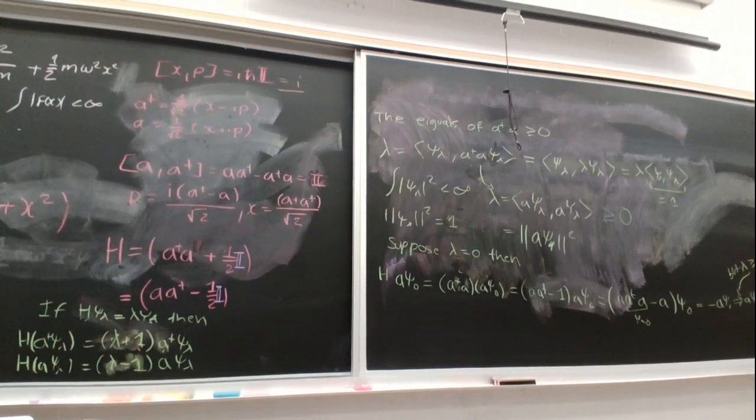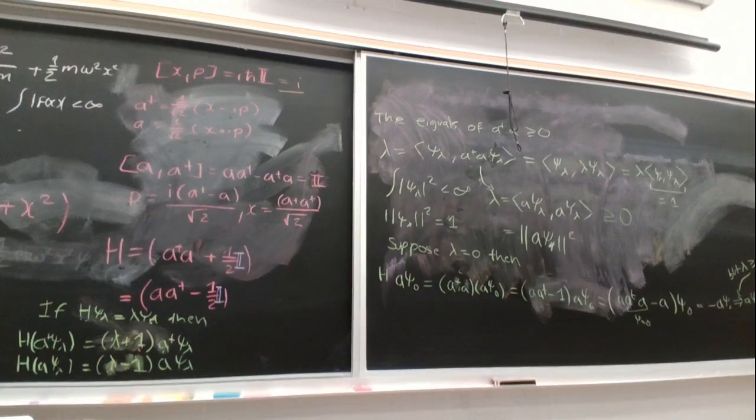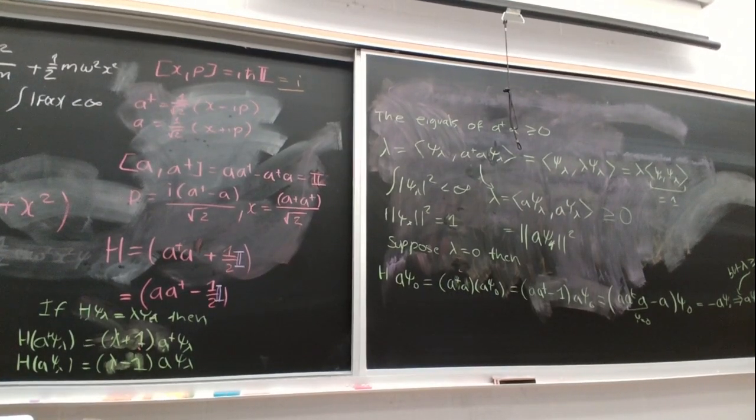Beautiful. So now suppose I had something that wasn't a non-negative integer, something in between integers. Then what would go wrong? You can go negative.